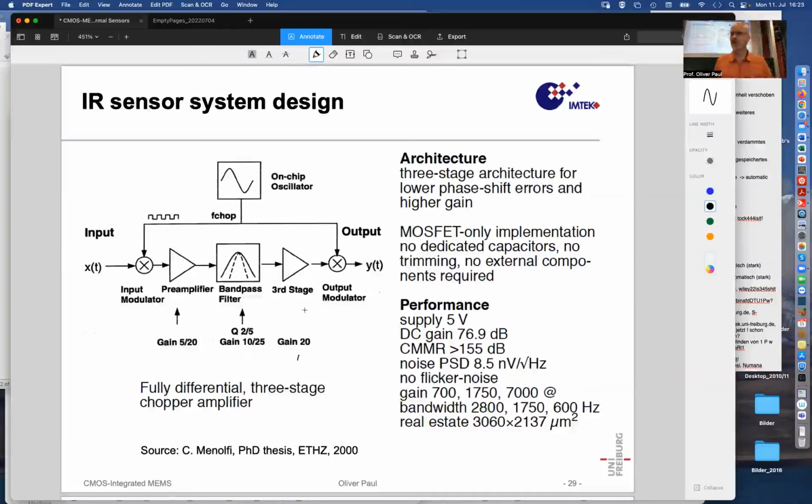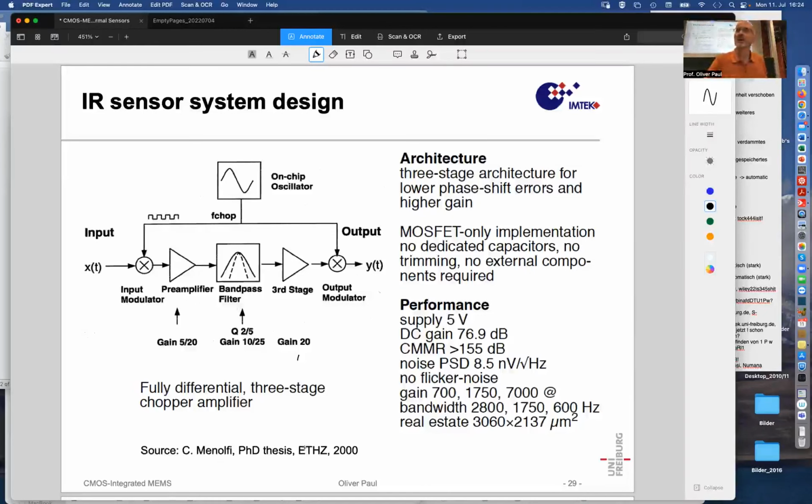So the microvolts, or fractions of microvolts, were boosted into a decent range, and out comes the signal. And so I'm not a circuit specialist. I can only think what Professor Manoli would think of this. So this was designed by Christoph Menolfi at ETH Zurich under the supervision of Professor Chuting Huang.